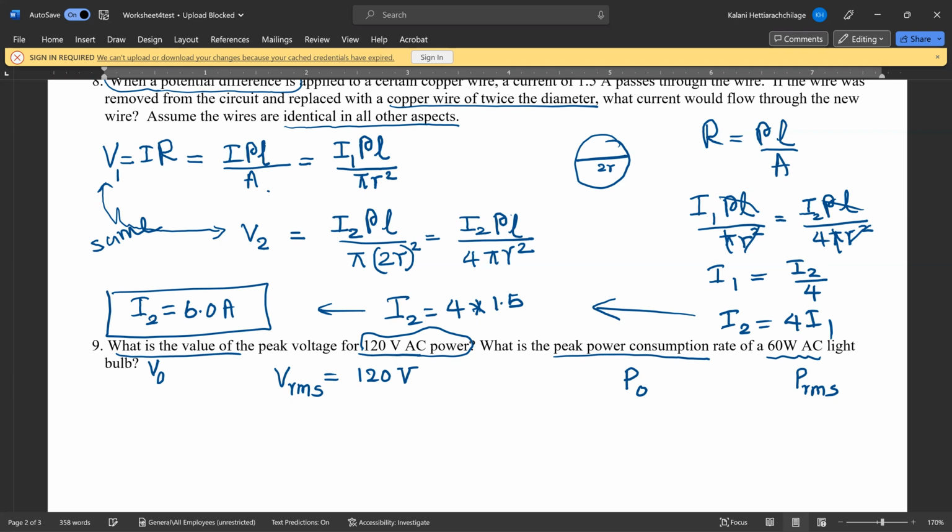Okay, let's do the first part first. First one. Okay, I have the VRMS value. I need to find the V naught. So you remember that VRMS equal V naught over root 2, right? Then you can calculate the V naught. V naught will be root 2 times VRMS.